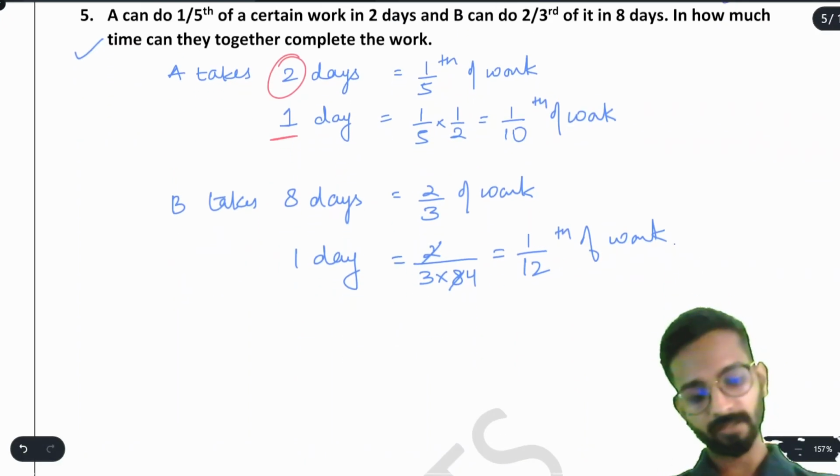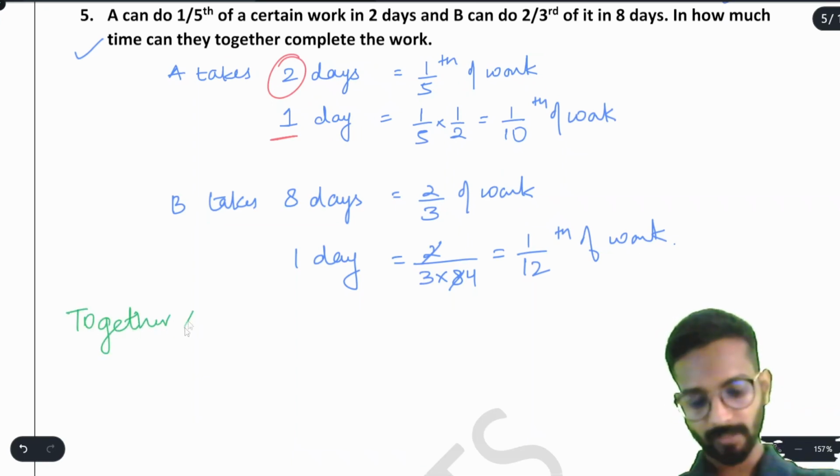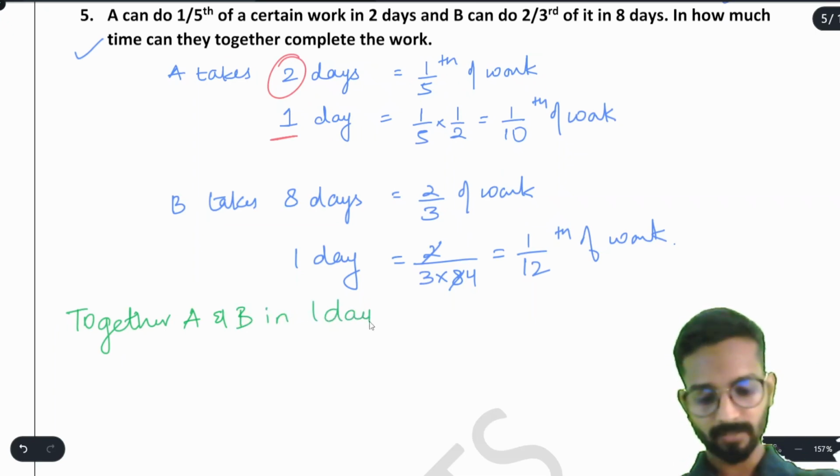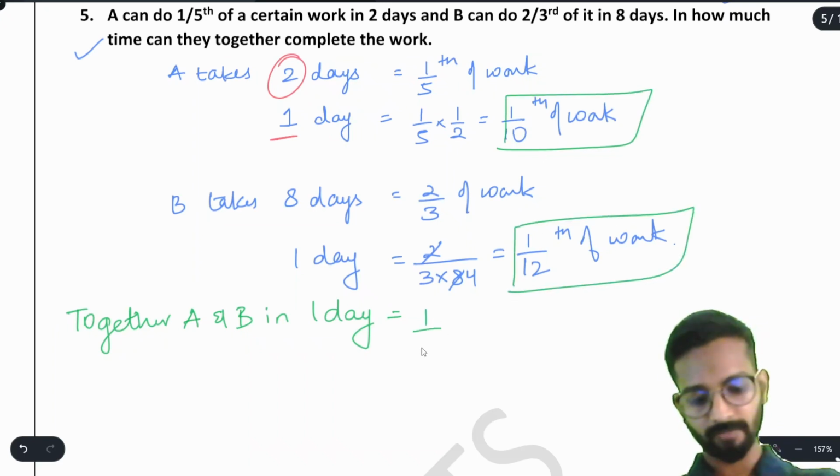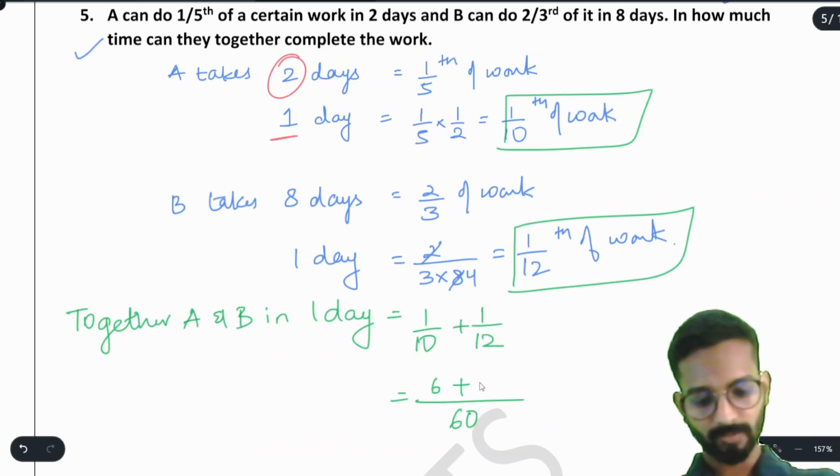Now I will write here, together A and B in one day is how much? In one day is 1 by 10 of A and 1 by 12 of B. So I will write 1 by 10 plus 1 by 12, 6 plus 5, it is nothing but 11 by 60th of work.